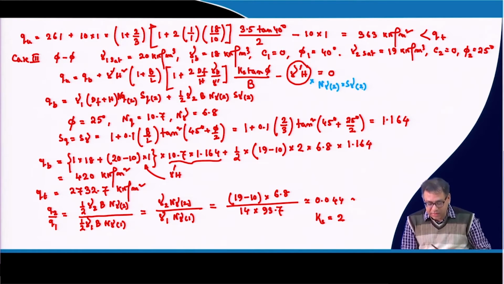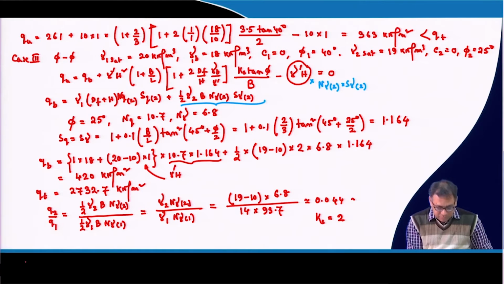Or, in another way, you can do it in two ways: either whatever way I have discussed, or during the QB calculation directly don't consider this second term, don't consider this part.